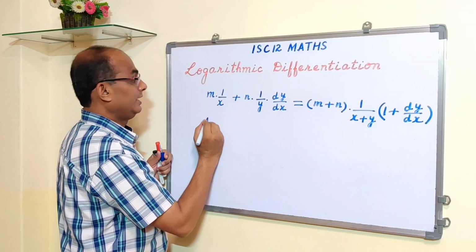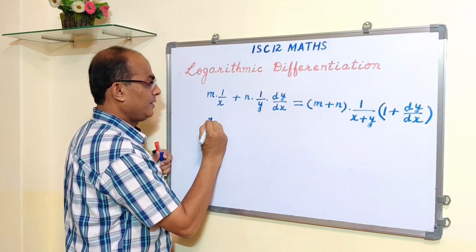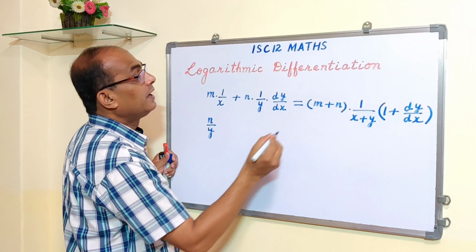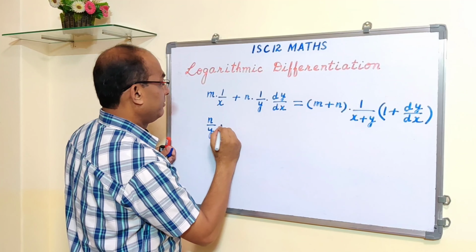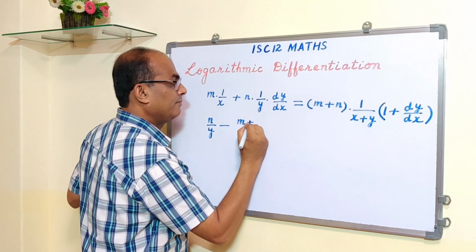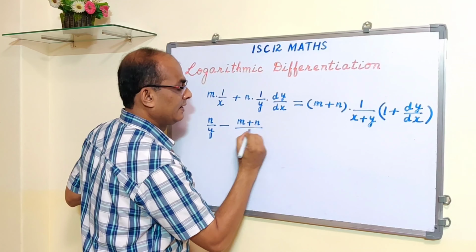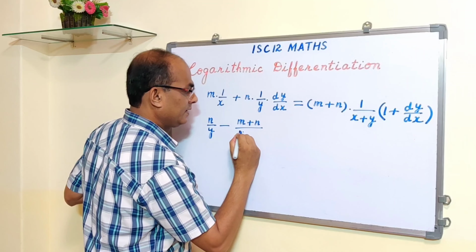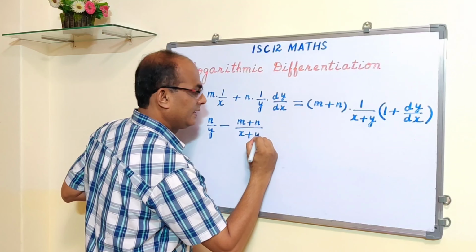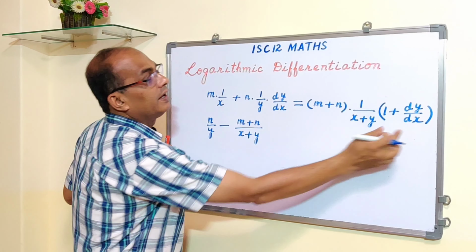So n upon y, and here it is minus m plus n upon x plus y, and dy upon dx.